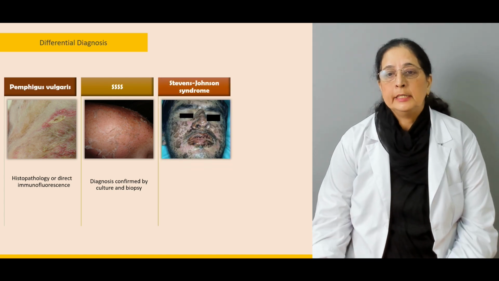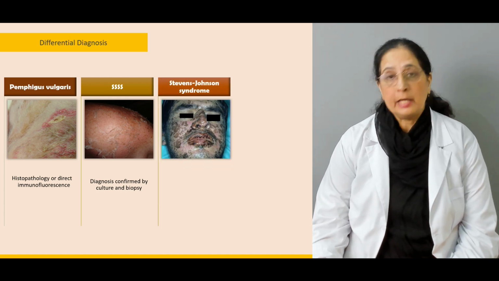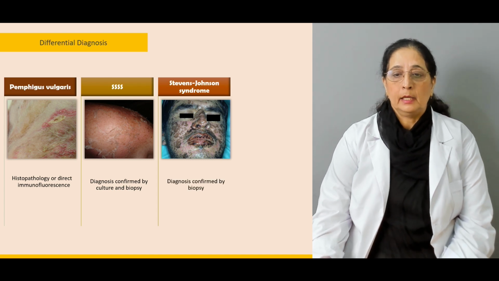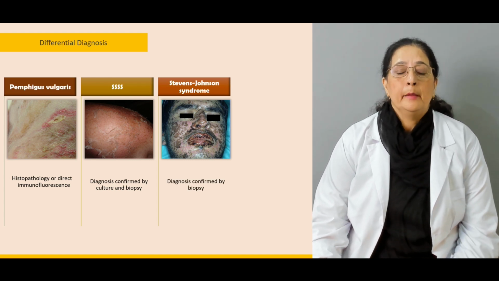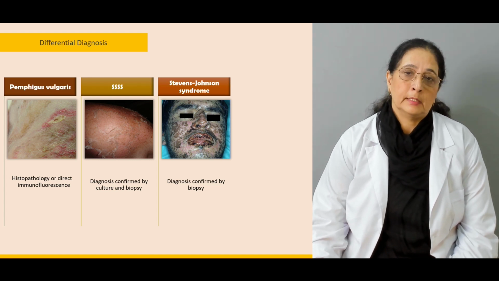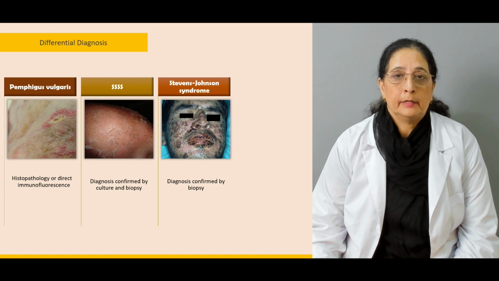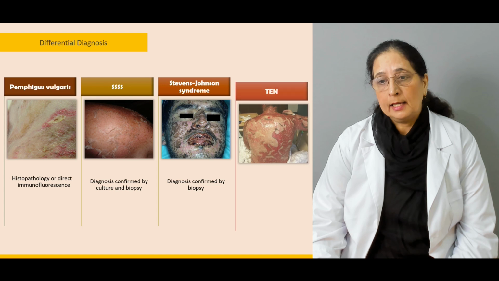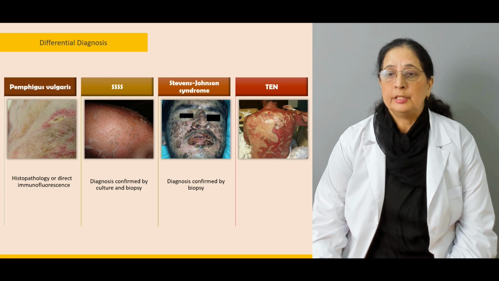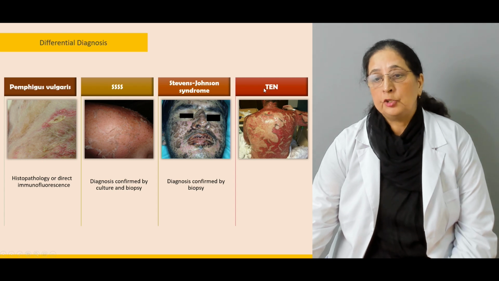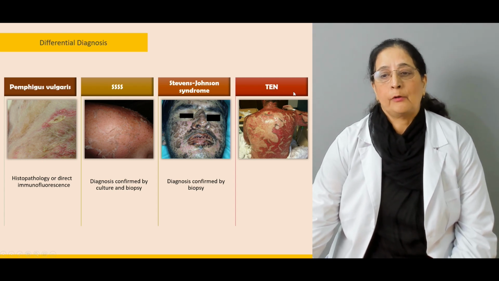Another condition in the differential diagnosis is Stevens-Johnson syndrome, and this is again confirmed by biopsy. It can occur as a result of some drug reactions or drug allergies. And the last condition in the differential diagnosis here is TEN, toxic epidermal necrolysis.